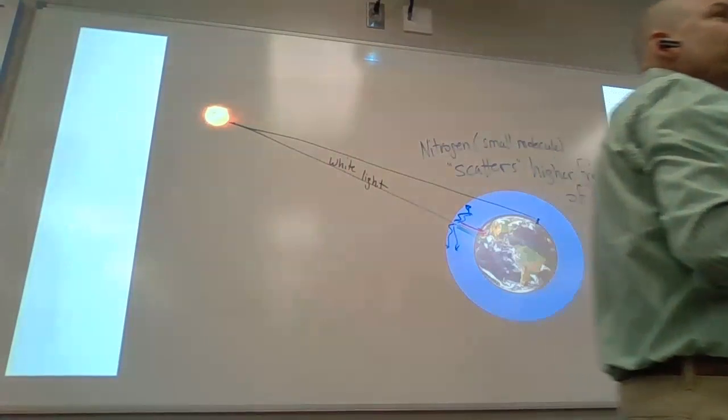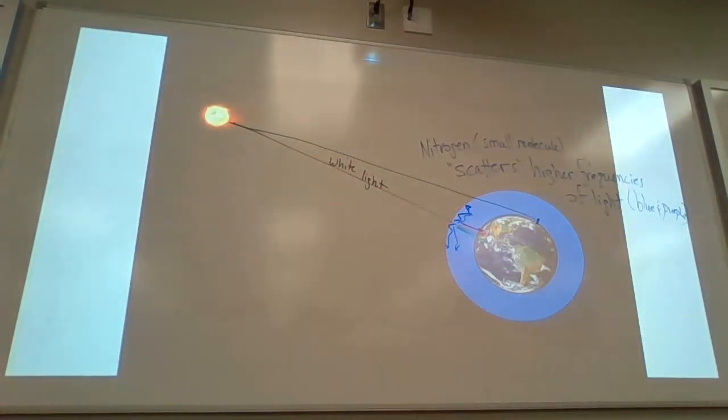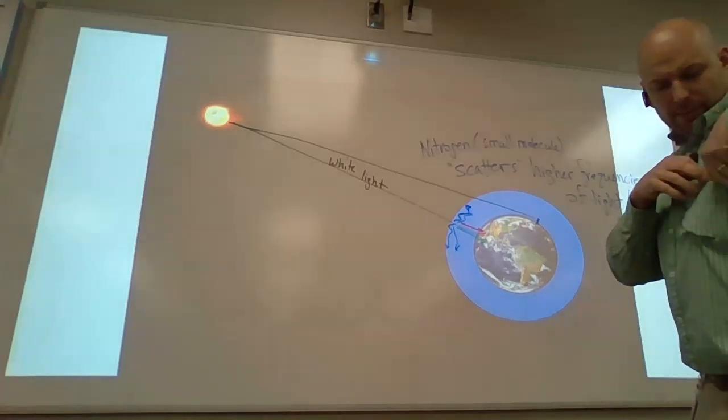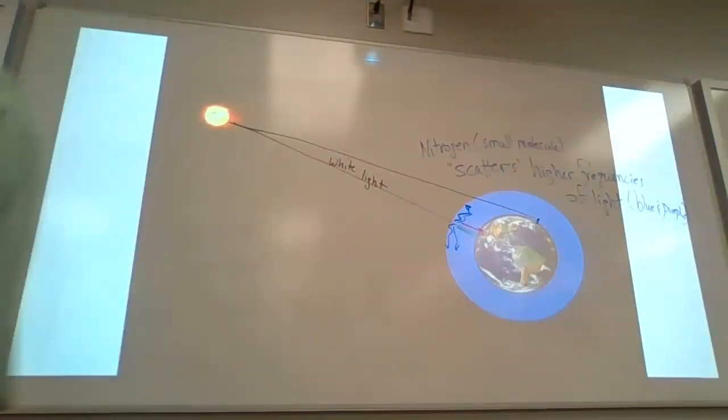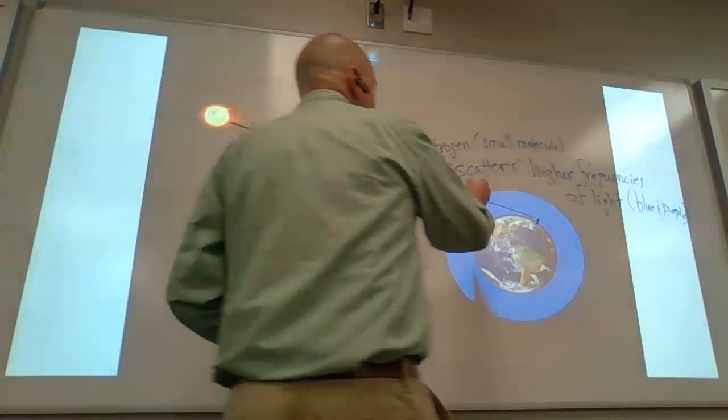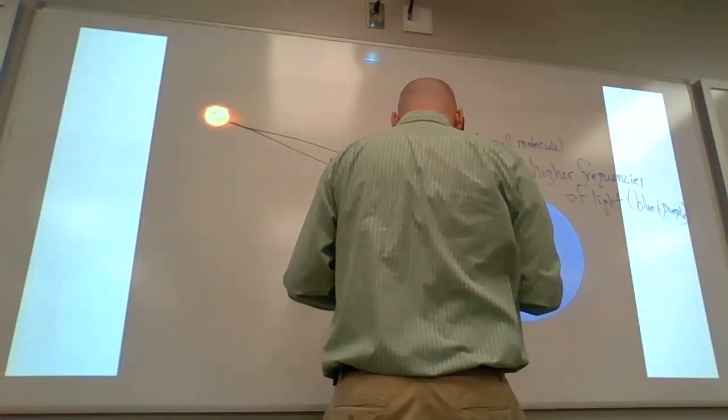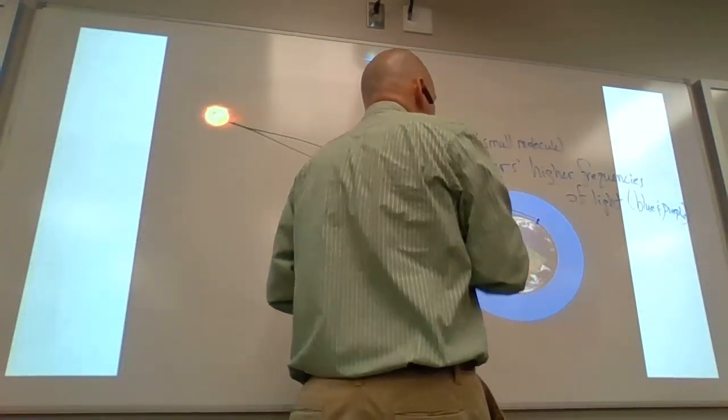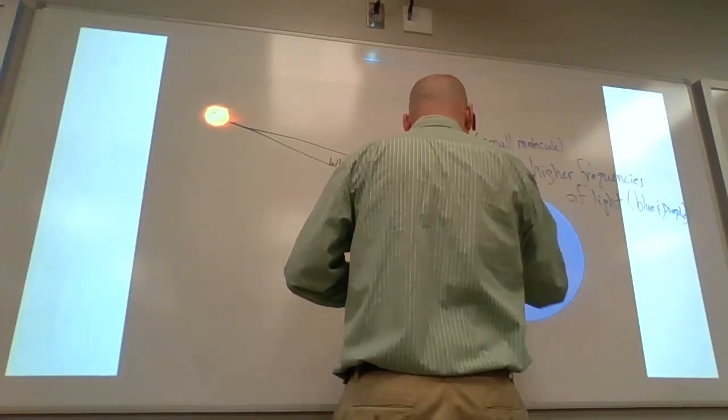The likelihood of hitting some other molecule that's bigger than nitrogen is way higher. The size of the molecule determines which frequency gets scattered. The chance of you hitting something other than nitrogen as you go through here is much higher, and so that's what happens.